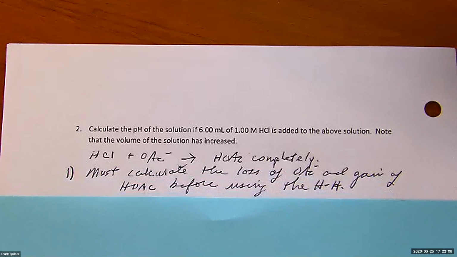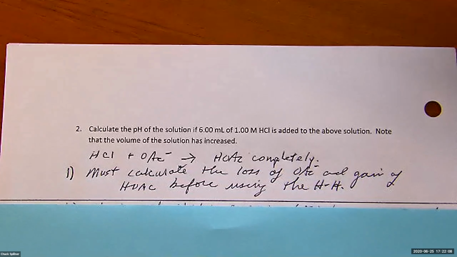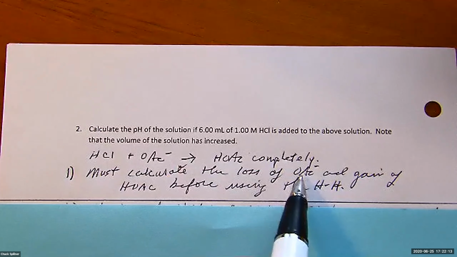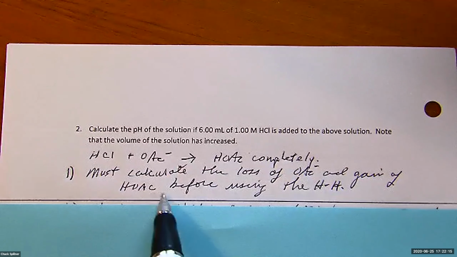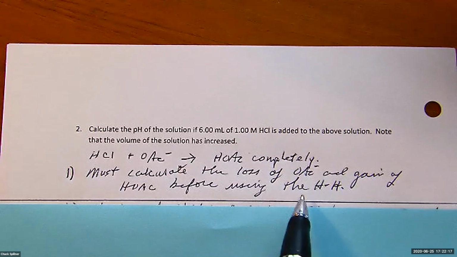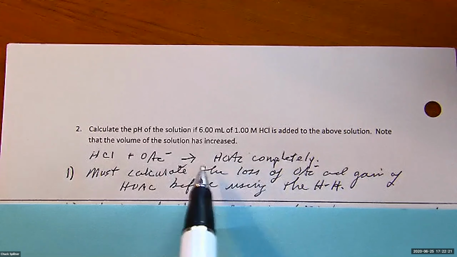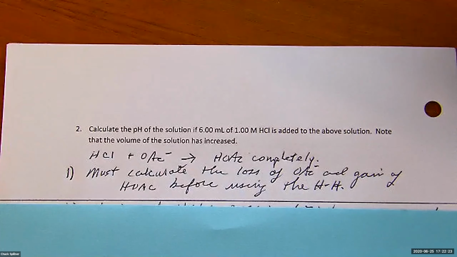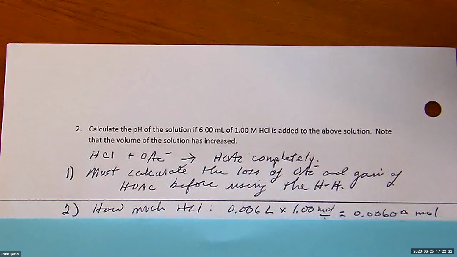So the first thing we need to do is calculate the loss of acetate ion and the gain of acetic acid before using the Henderson-Hasselbalch equation. When these changes occur, the concentrations are going to change, so we have to recalculate the concentrations of acetic acid and acetate anion.